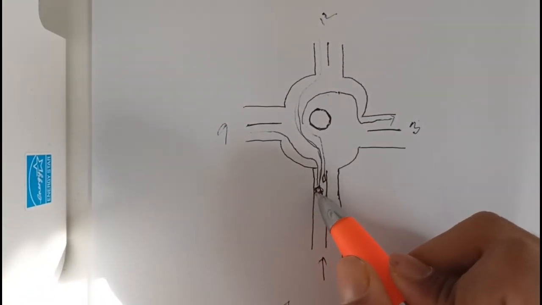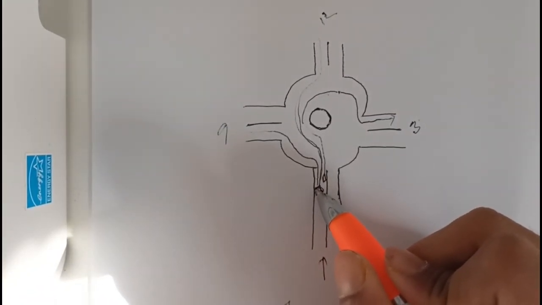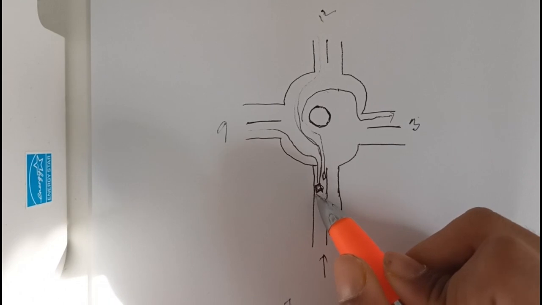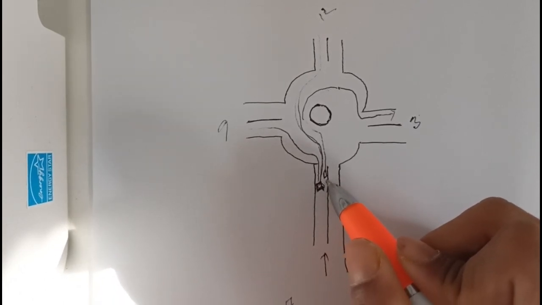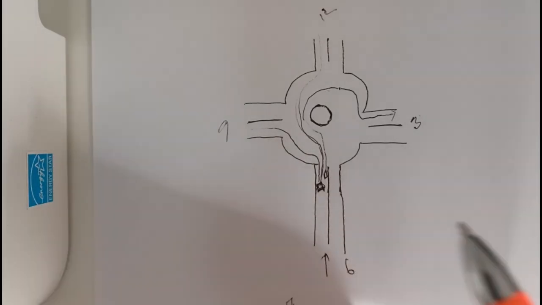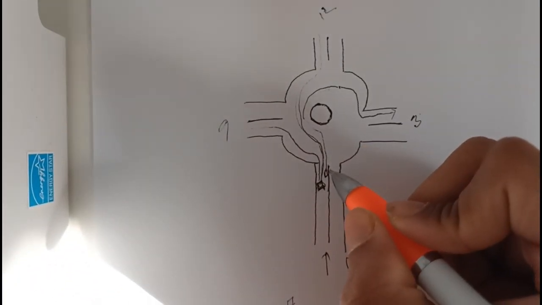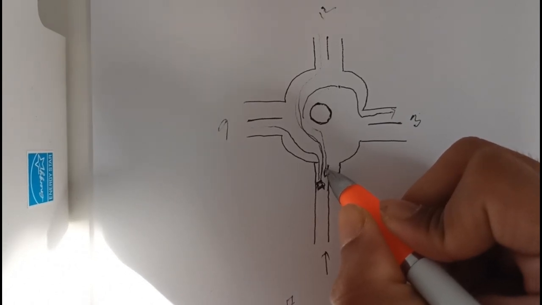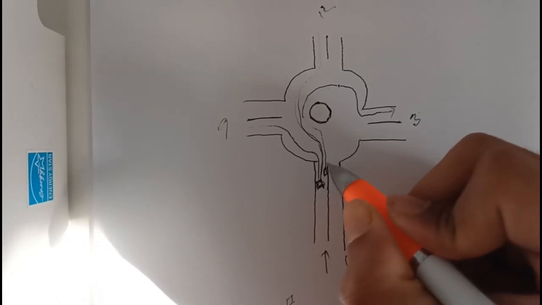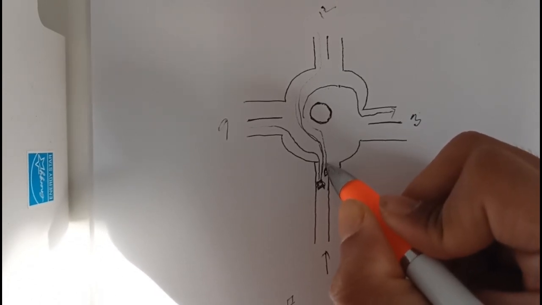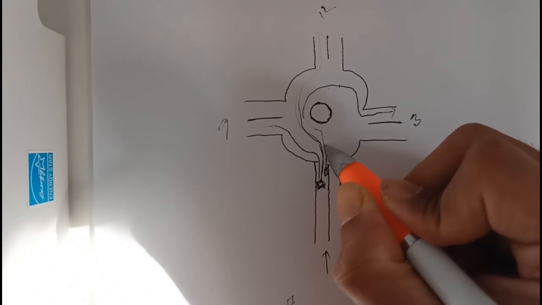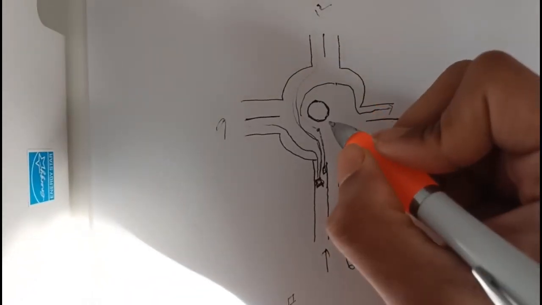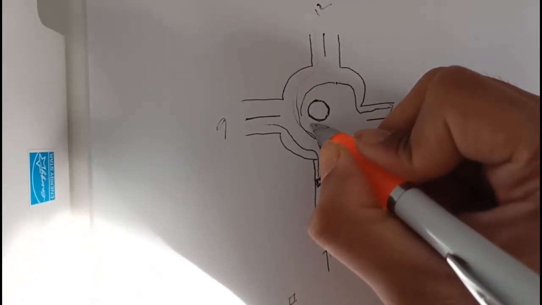So if this is your vehicle on the road on the left hand side, first of all you need to turn your indicator right, and you need to go in the right hand lane of the road. After going to the right hand lane and turning your indicator right, just keep going in that direction, and keep your indicator right, go ahead.